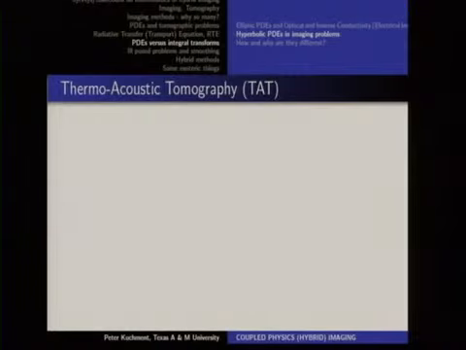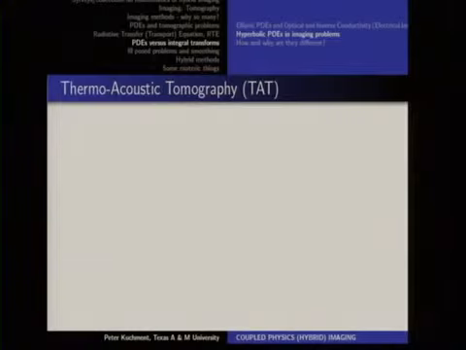You send waves, something happens, you measure something. Then the second step is you apply some inversion algorithm. You get the picture. And then you do something with pictures. And you can make hybrid methods on each of those levels.